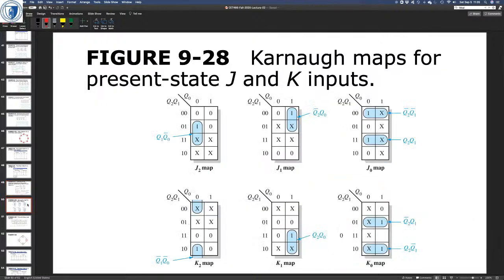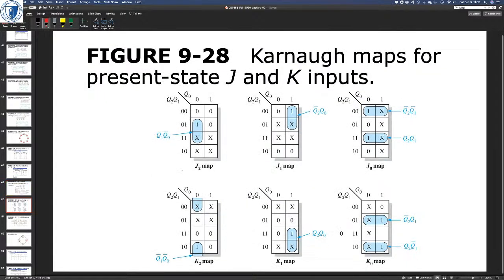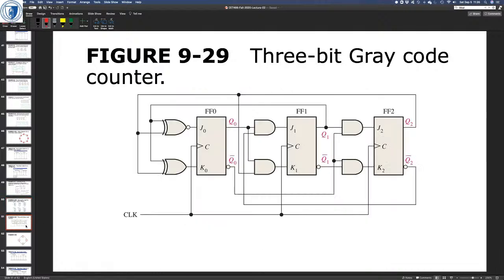And there's all of the Karnaugh maps for the 3 bits, right? And you've got various groupings of ones and don't cares that you can do. And in the end, you end up with a circuit like that for a grey code counter.